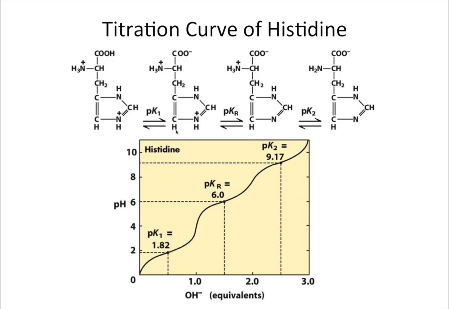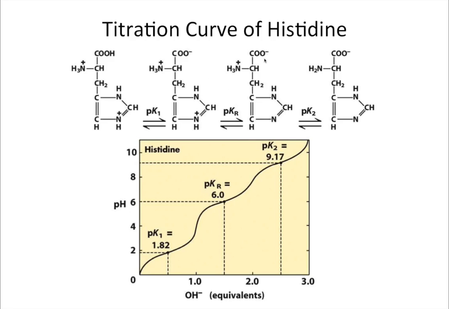The first thing that happens is you remove the proton from the carboxylic acid portion, and then as you continue to add base, you get pretty big changes in pH, and then you enter this second buffering region that's shown here, and that's the transition from the second structure to the third structure.